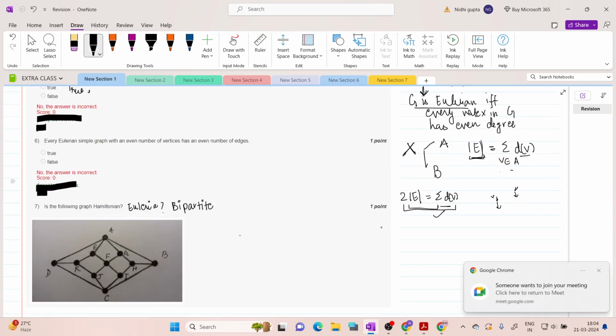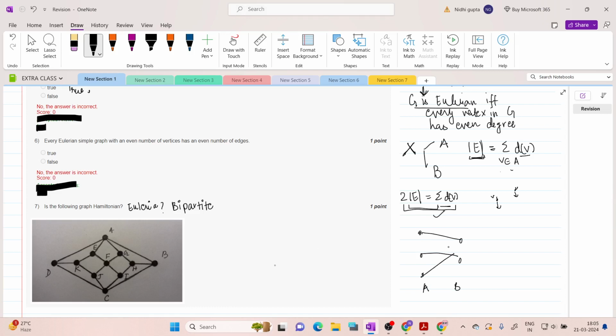A bipartite graph looks like this. This is A, this is B. If we sum all the degrees of the vertices in A, we will get the number of edges. Why?